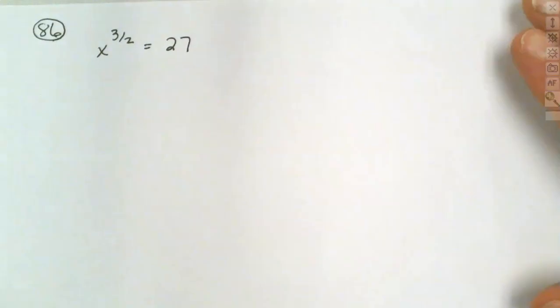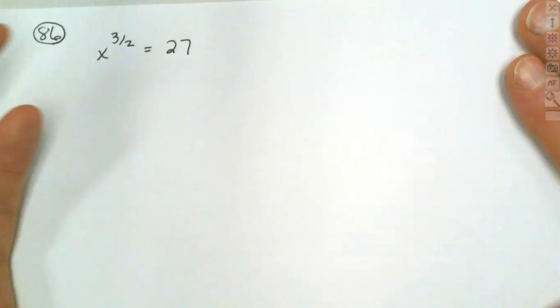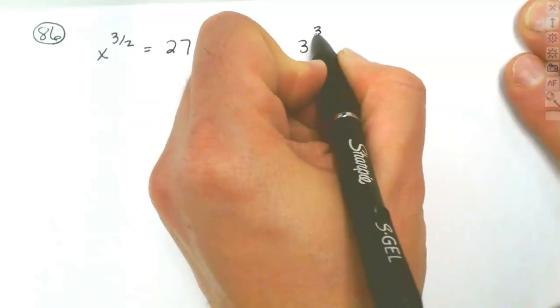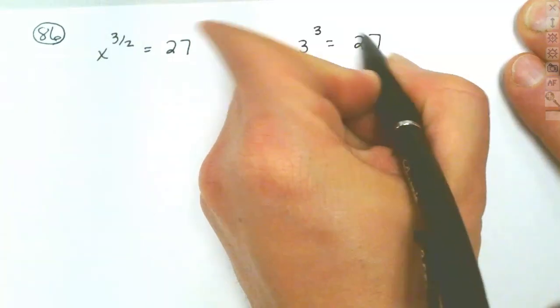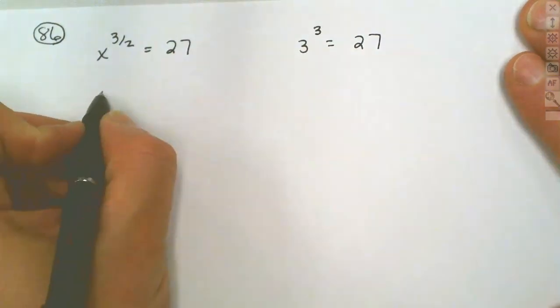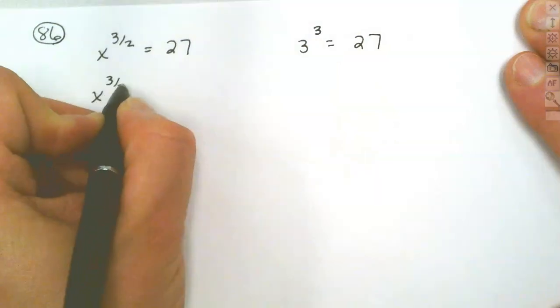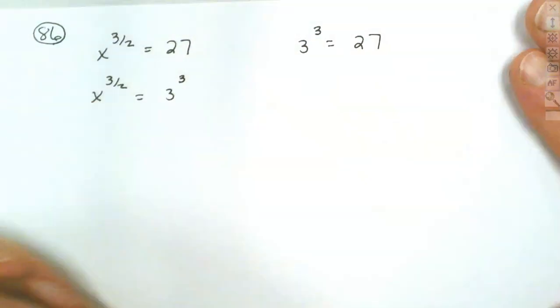And what do we know about 27? Well, if we think about our powers, and they're going to be smaller numbers, we know that 3 cubed is what? 3 cubed is 27. So we're going to have to rewrite this one a couple of steps just to make it work. So now we know x to the 3/2 power equals 3 cubed.